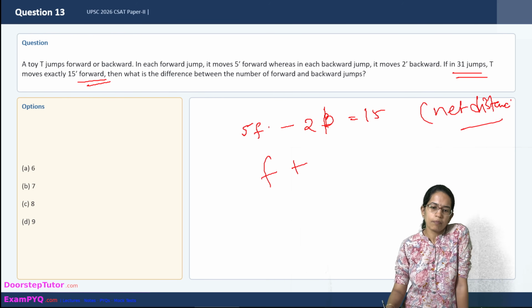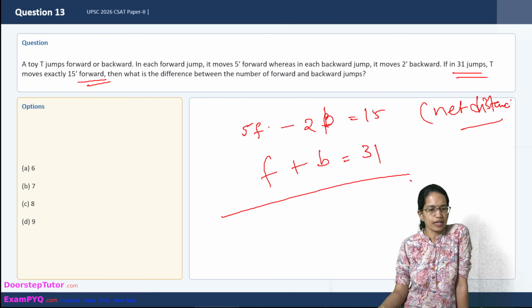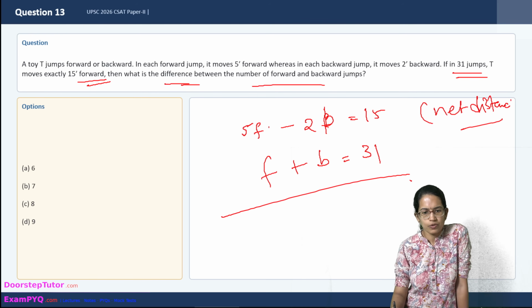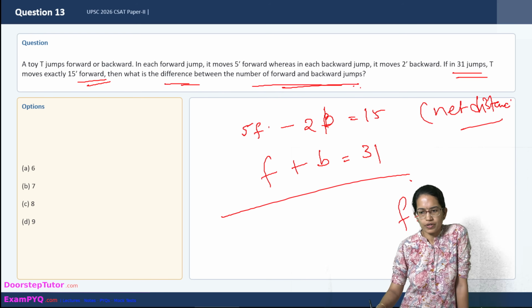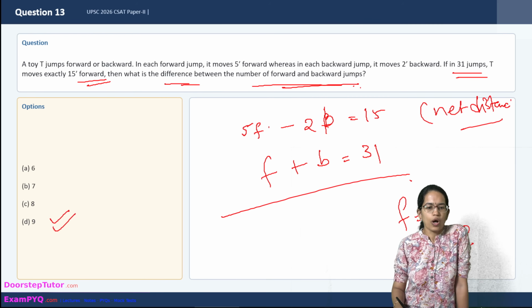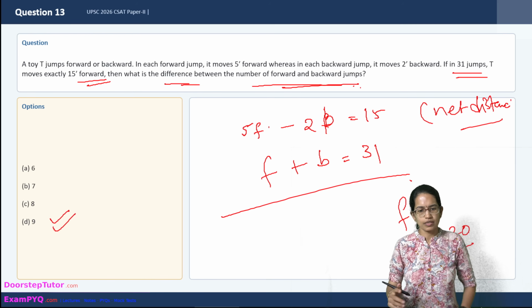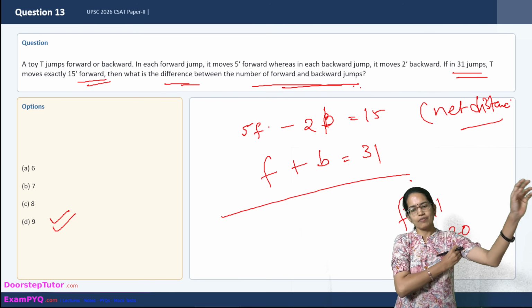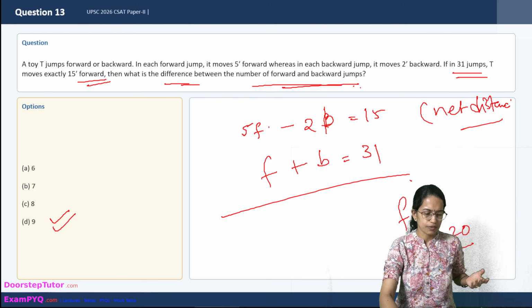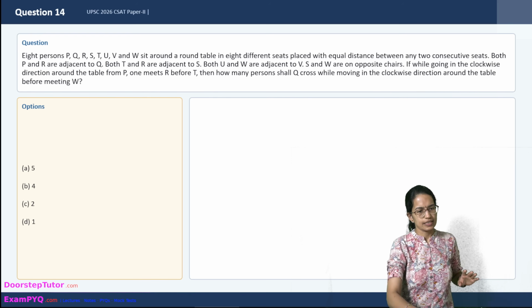So forward jumps plus backward jumps is 31. Now I have two equations, two variables. I can solve it, and then I have to find the difference between the numbers of forward and backward jumps. When I solve this, I get forward is equal to 11, backward is equal to 20. The absolute difference of that is 9. So the correct answer here is 9.